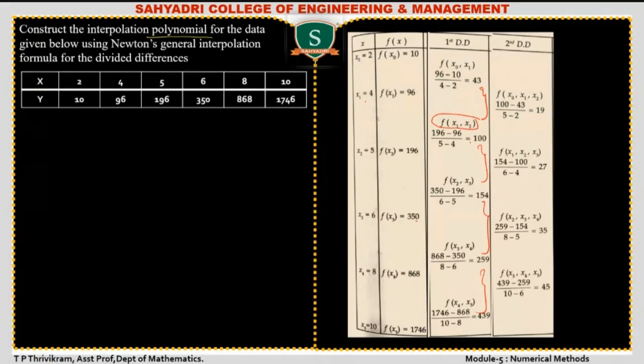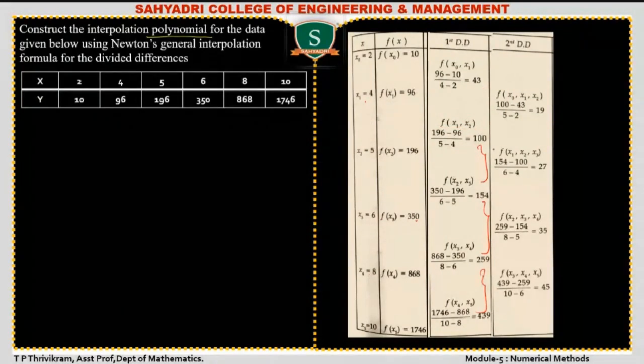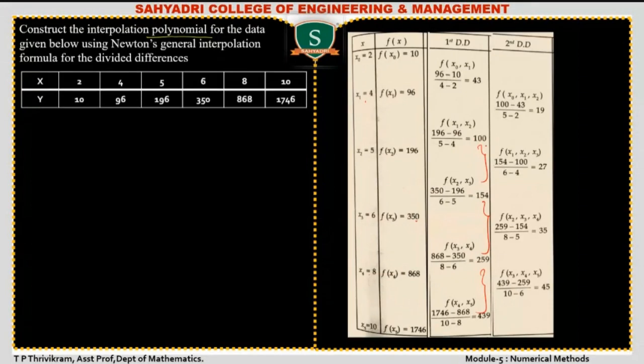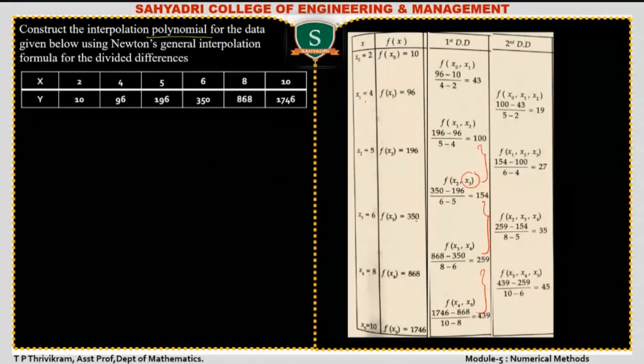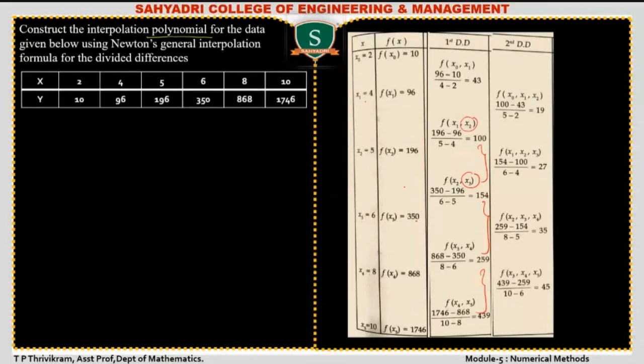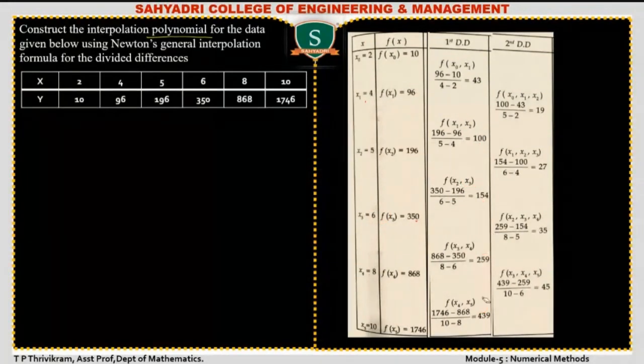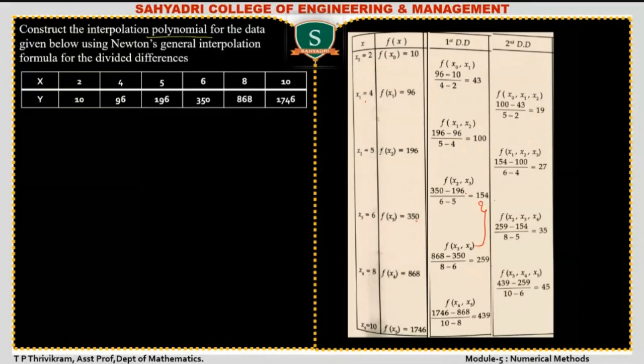So now this is the main part. 154 minus 100 you have taken. Here we need to observe what is the last variable here, x3. Here x2 is there. So that means x3, 6 minus, what is the least value here, 4. So 6 minus 4 you have to take. Similarly, while taking the difference between 259 minus 154, what is the least value and highest value you have to take?